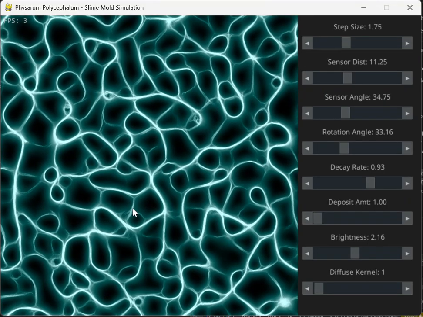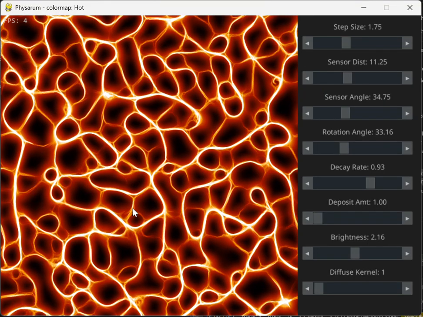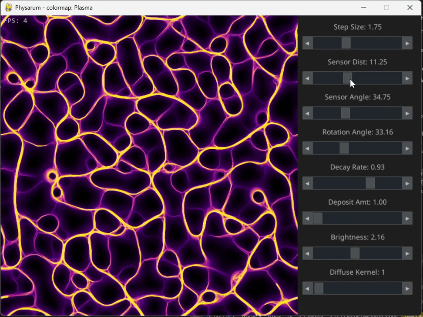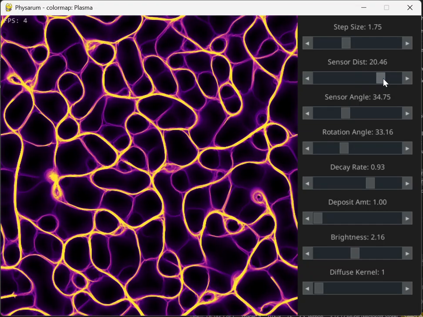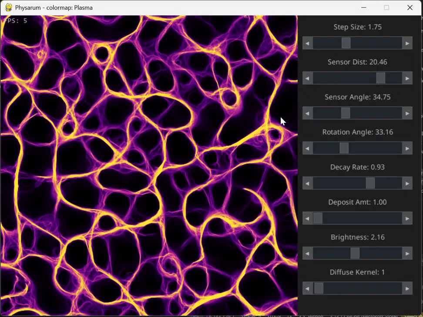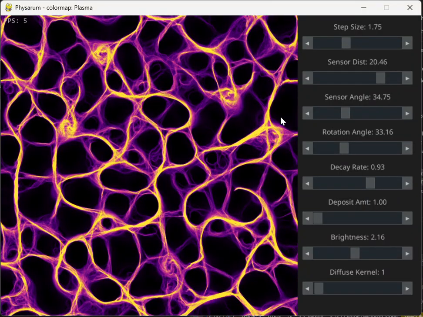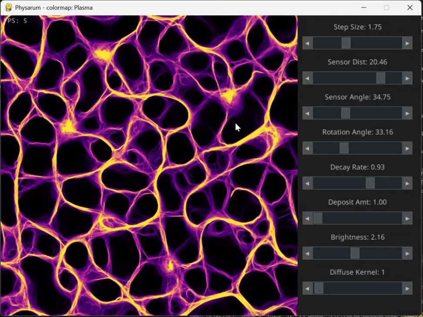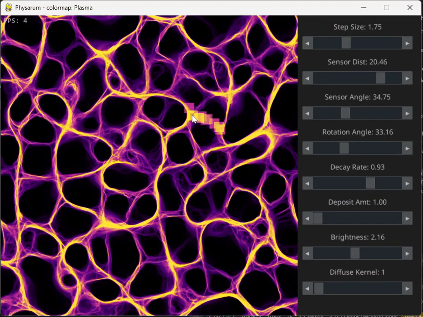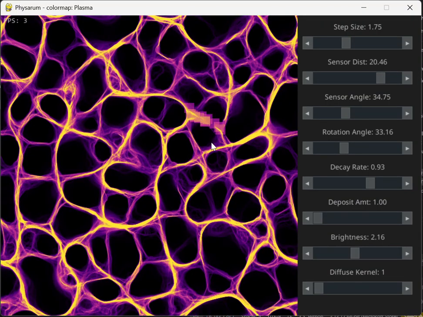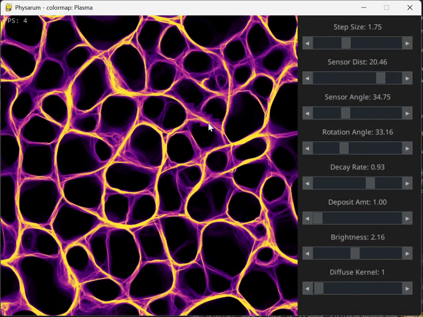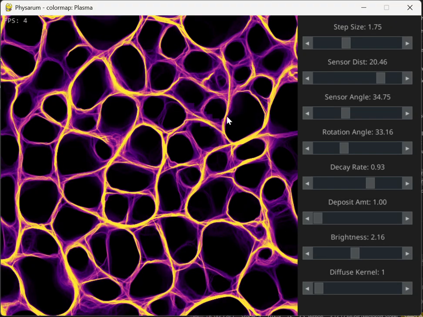The other interactive features are that we can change the color map of our network. It can form really cool patterns and designs as each agent moves. Other than that, we can also place a trail of chemical by pressing the left click button, and it basically places a chemical at each pixel.